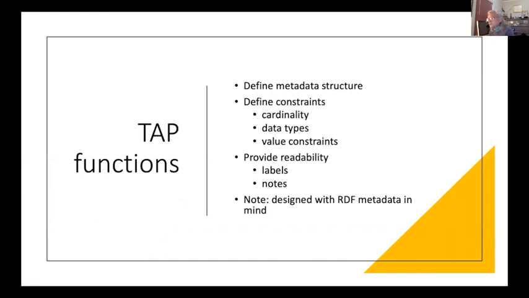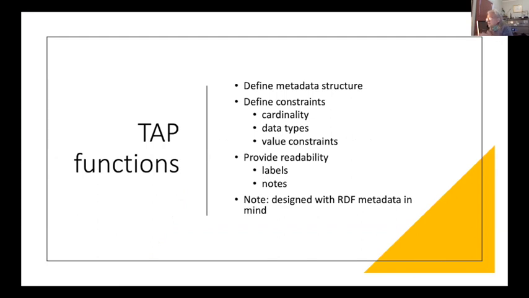In particular, with the TAP, we had certain functionality in mind. We wanted to define a metadata structure, a simple metadata structure for application profiles. We wanted to define constraints, the most common constraints like cardinality and data type and value constraints.